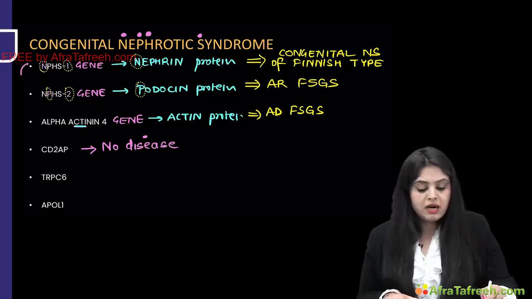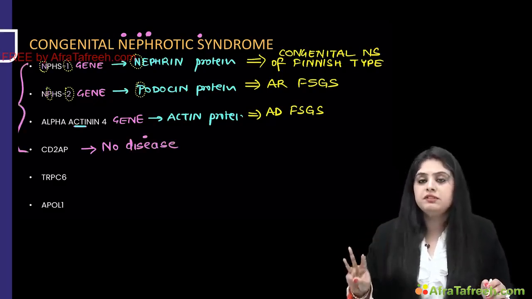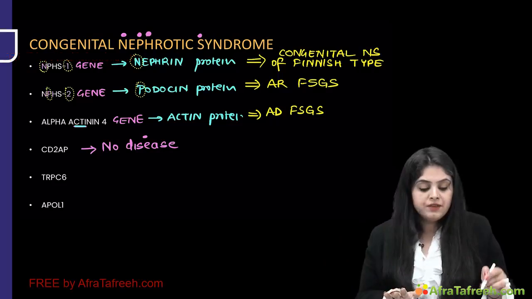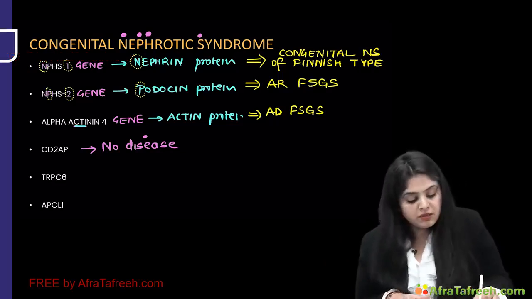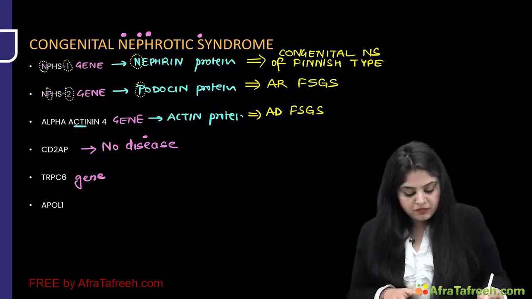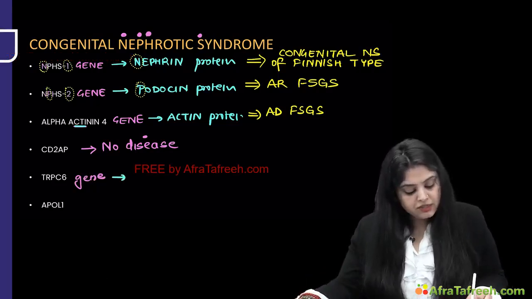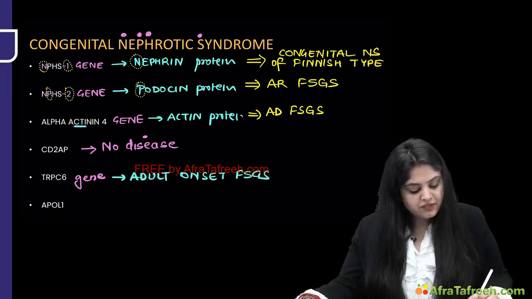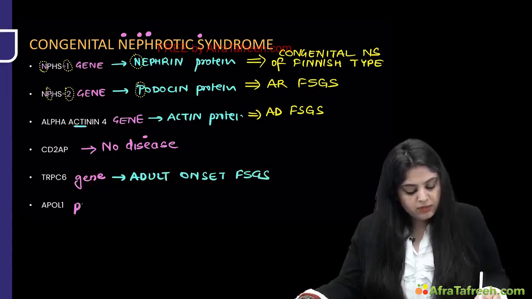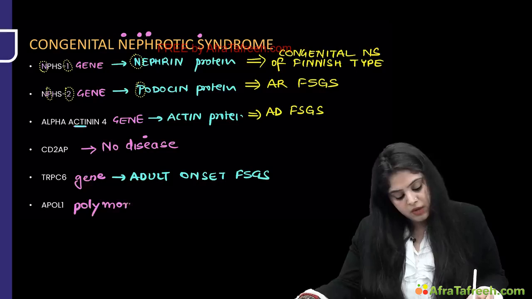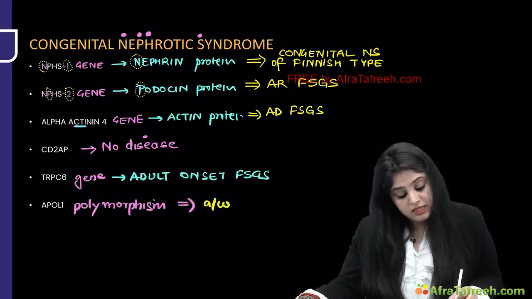Then these 4 we had marked: nephrin, podosin, CD2AP, actin. There are some miscellaneous genes also that can be defective. So please remember, if there is a TRPC6 gene mutation, it results in adult onset FSGS, and if there is an ApoL1 gene polymorphism, that has been seen associated with HIVAN, that is HIV associated nephropathy.